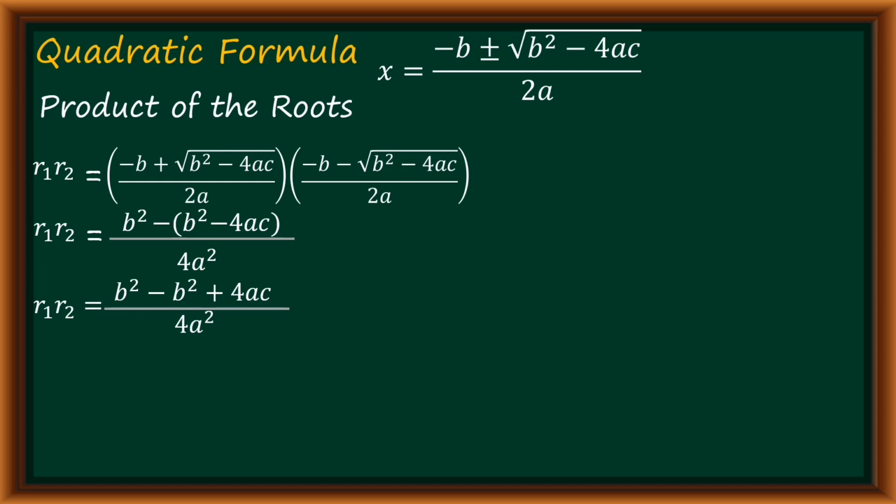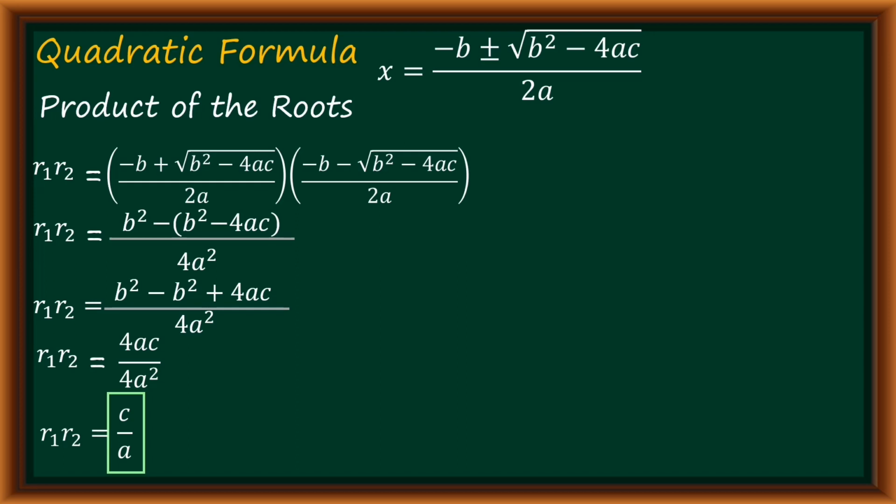Simplifying again, b squared minus b squared is already 0. Then we have r sub 1 times r sub 2 is equal to 4ac all over 4a squared. 4ac over 4a squared is equal to c over a. So this is our formula for the product of the roots.